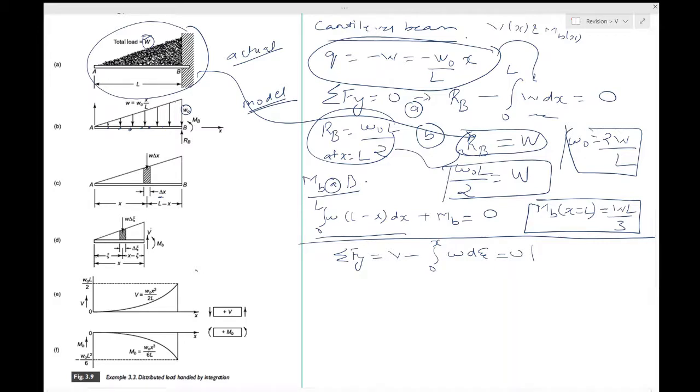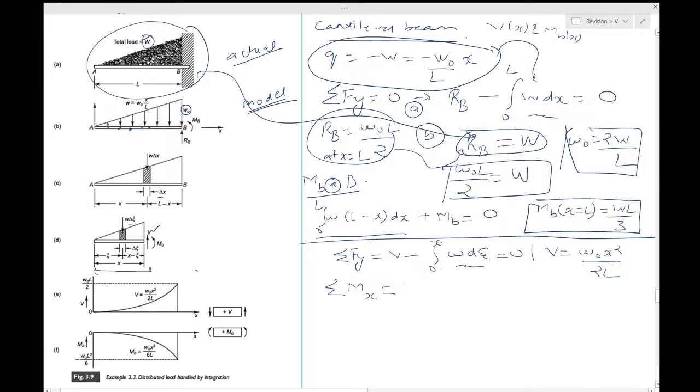V is already there, and the only other force is this weight, but that has to be integrated over this entire length. Don't take the length as 0 to L because you are only dealing with a certain section. That's why it goes only until X. So this should give you V as W naught X square by 2L, and then you balance the moments.